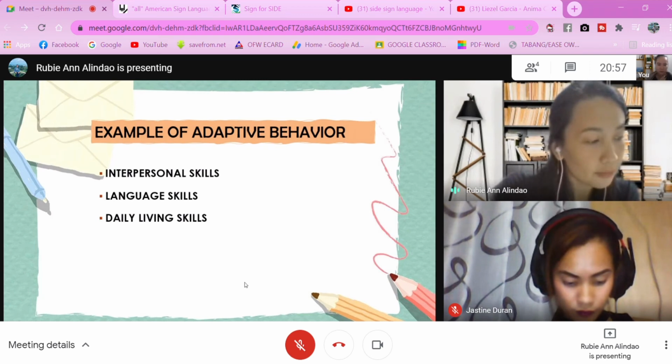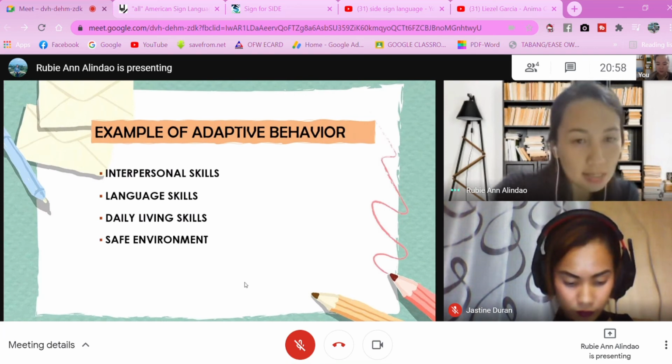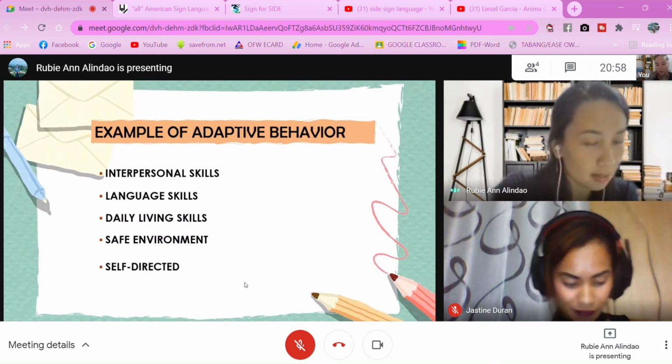Some activities of daily living skills include personal hygiene and grooming, dressing and undressing, meal preparation and feeding, mobility and toileting, housekeeping, laundry, home safety, health and medication management, leisure time, and recreation. Other examples are safe environment and self-direction.